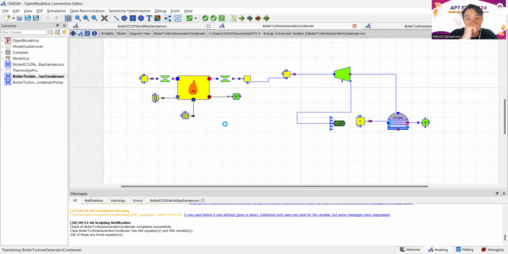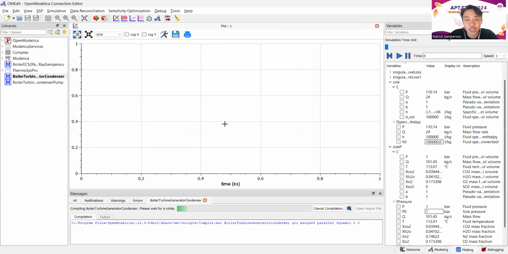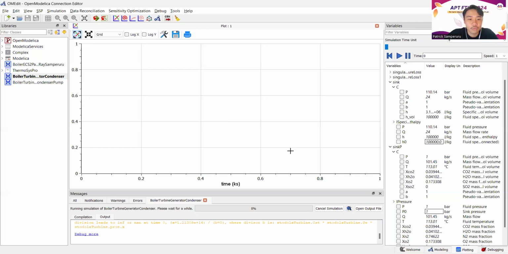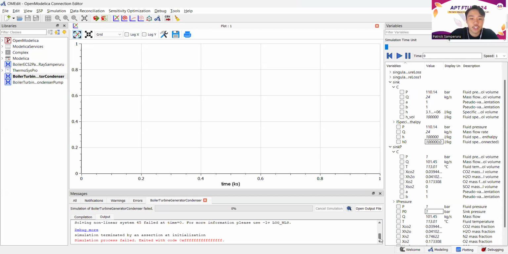However, unfortunately, for whatever reasons that I could not find, the simulation will show a failure message down below. So yeah, simulation process failed, exited with code.